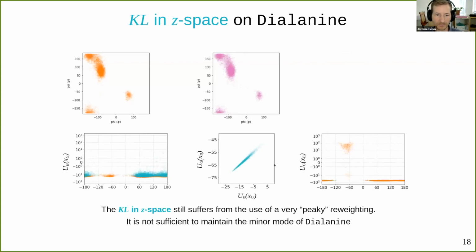This is projected onto this angle here. And you can see the Boltzmann energy of simulated samples, orange, and generated samples. And here on the other side is the generation energy of simulated samples. And here in this minor mode, I'm sorry, it's projected onto the other angle, onto psi.